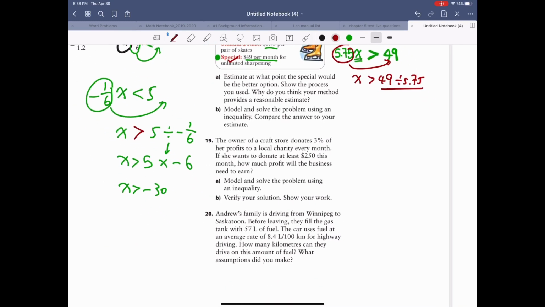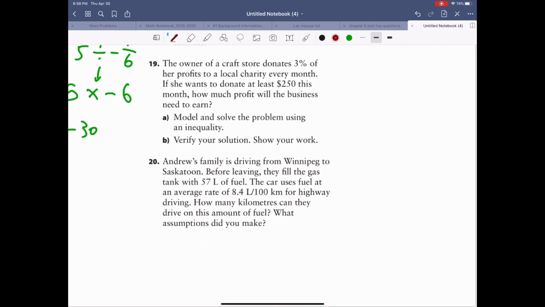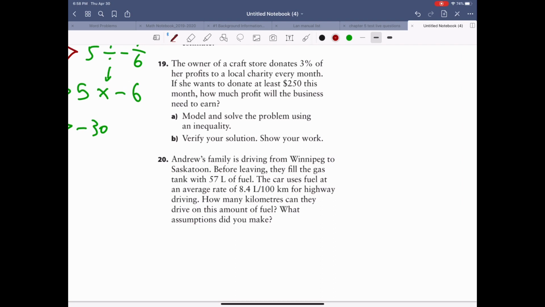Okay, so this one here, the owner of the craft store donates 3% of her profit to a local charity every month. If she wants to donate at least $250, how much profit will the business have to earn? So 3% of the profit. So how much profit will be x? 3% of the profit.